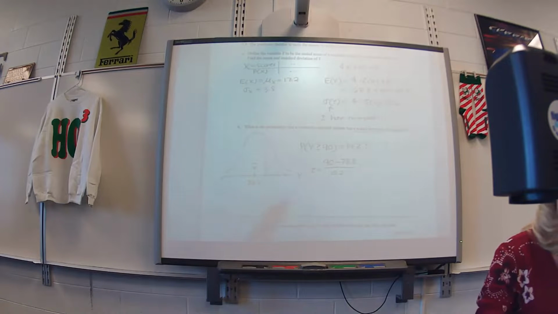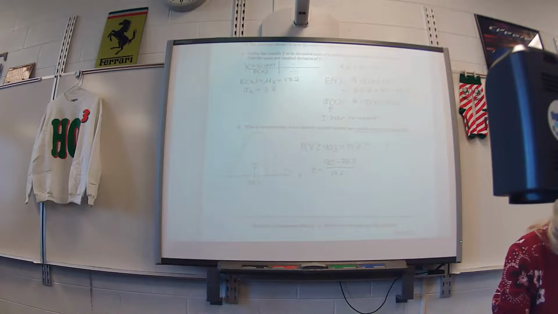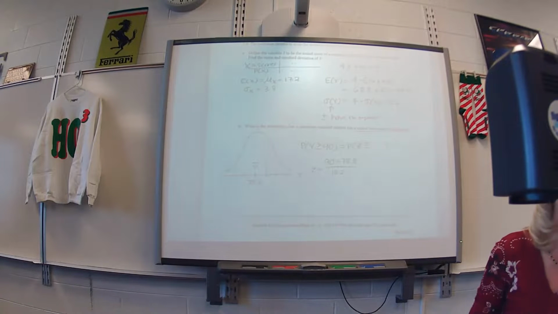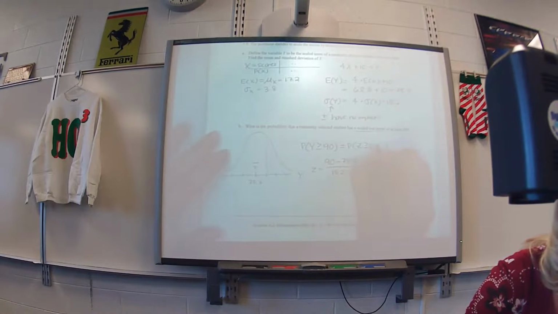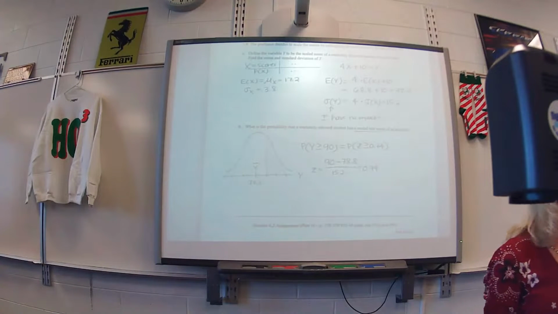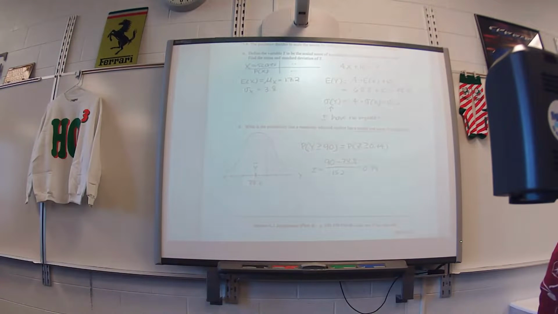So I pull out my calculator and I do 90 minus 78.8. That gives me 11.2, and I divide by 15.2. So I get a z-score of about 0.74. And then you either use your chart or your normal CDF.